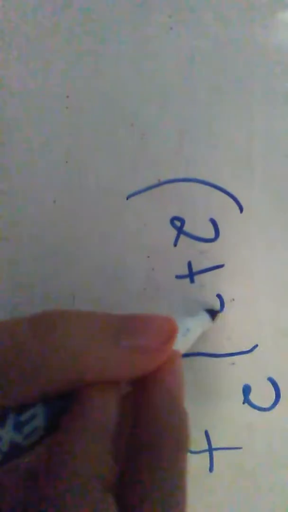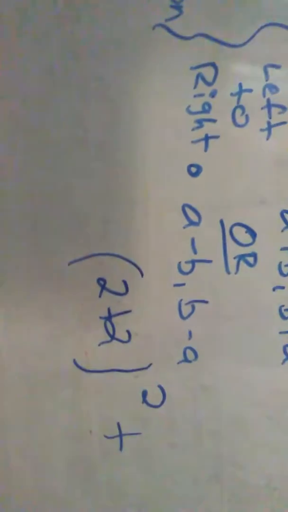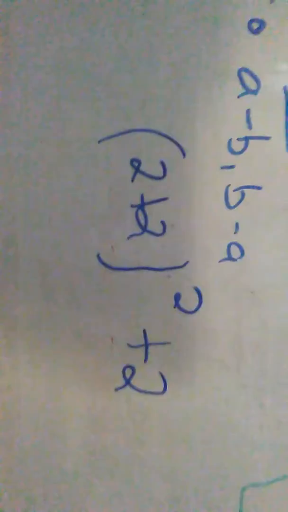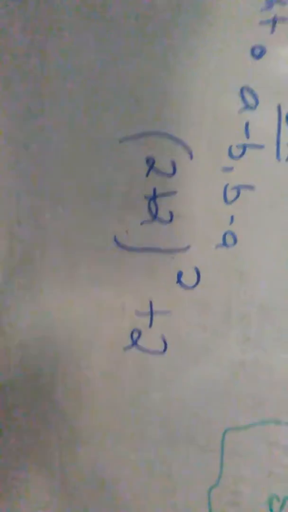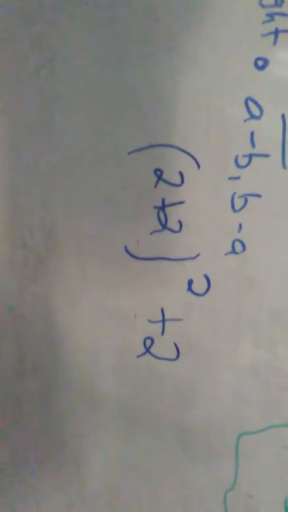I'm going to change this to an easier number for us. Sorry, so the quantity 2 plus 2, we're going to square the whole thing, meaning we're going to raise it to the power of 2, or it has an exponent of 2, plus 2 times 2 minus 5 divided by 5.